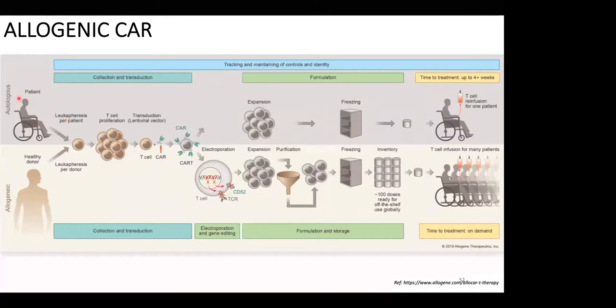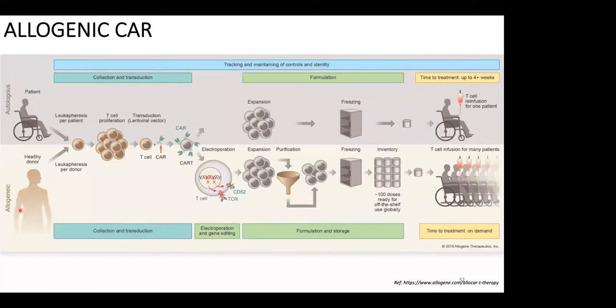So let's see the difference between autologous and allogeneic CAR. I really hope you are clear with the steps of autologous CAR. We have the leukapheresis, the cells are proliferated, we do a T cell transduction using a lentiviral vector, and the cell becomes CAR positive. We expand it, cryopreserve it, and infuse it to the patient.